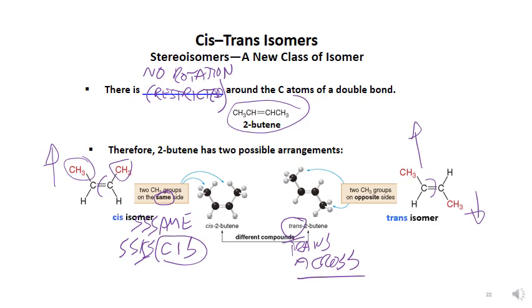So the cis isomer has the two substituents closest to each other whenever looking at the carbon-carbon double bond, and then the trans is across from each other, okay?